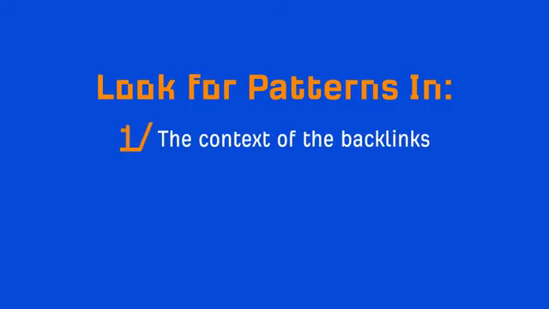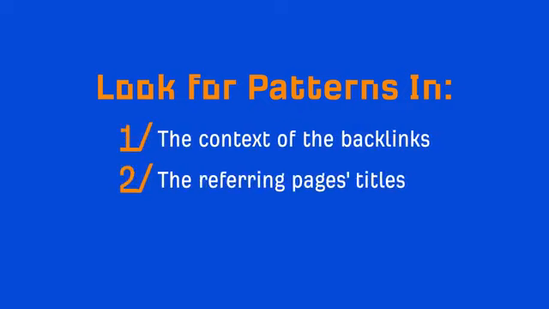And these places are the context of the backlinks, which help you understand why people are linking to a page, and will specifically be looking at anchors and surrounding text, the referring page's titles, which tells you where their links are coming from and or the types of pages they're coming from, and the actual content, which tells you what your email pitch will be based on.